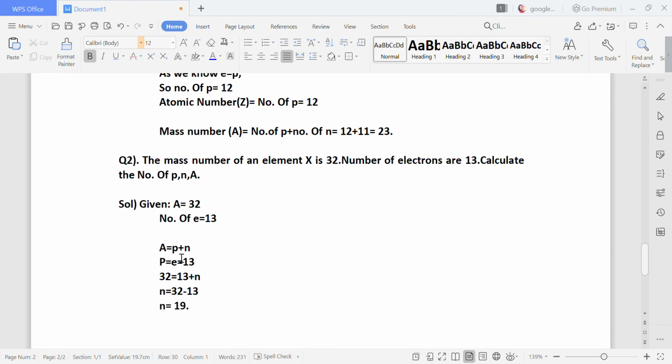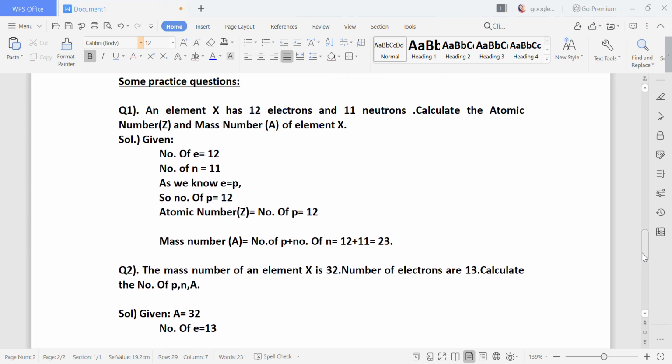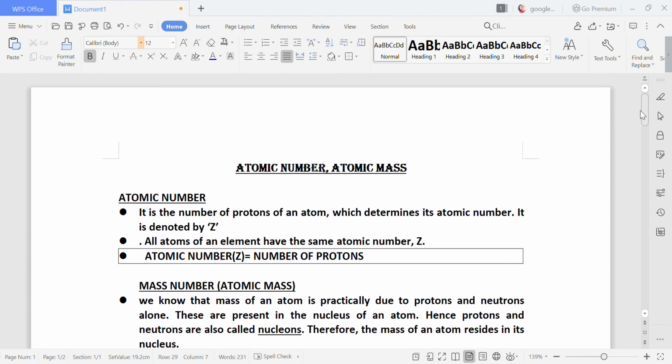Number of protons here is 13 and we have to find out the number of neutrons. So we'll just calculate the number of neutrons: 32 minus 13, the answer is 19. So this is how such types of numericals can come and you will have to find out the answers. This is quite easy. So I hope now you are clear with atomic number and atomic mass.